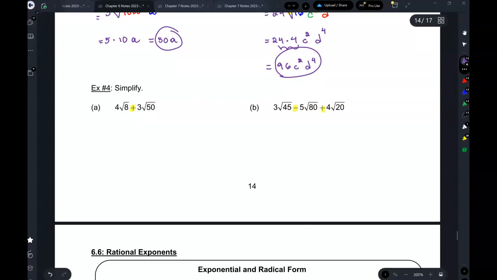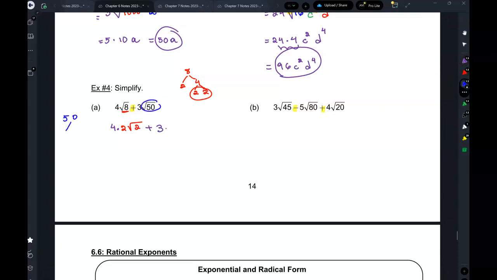So here, I have 4 times root 8. What's root 8? 2 times 4, 2, 2. A pair of 2's comes out, 1, 2 stays. Plus 3 times root 50. 25 times 2, 5, 5.